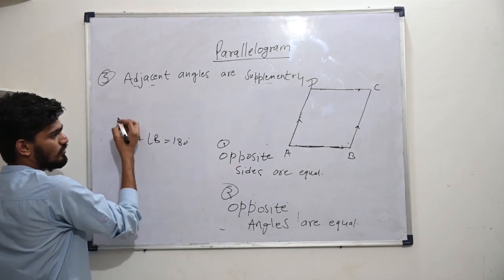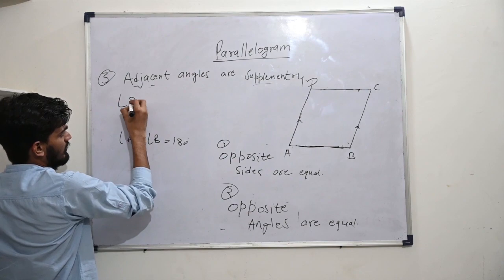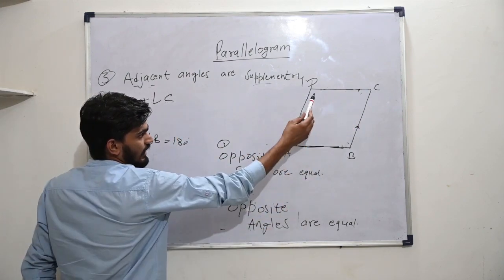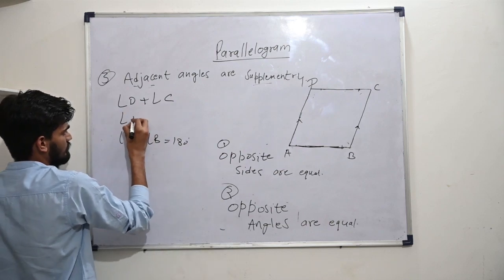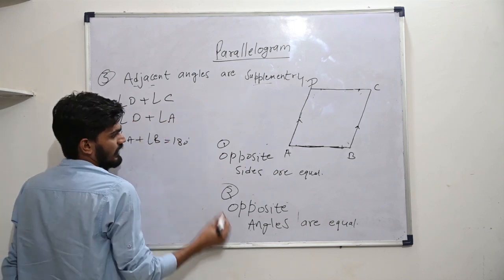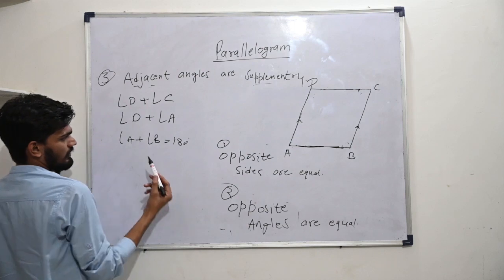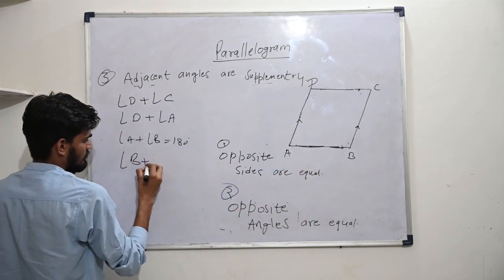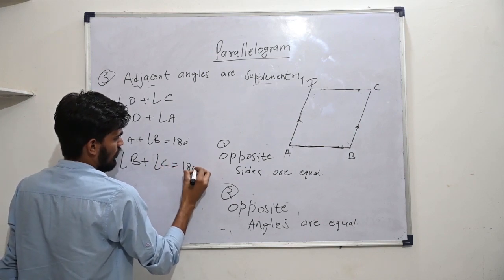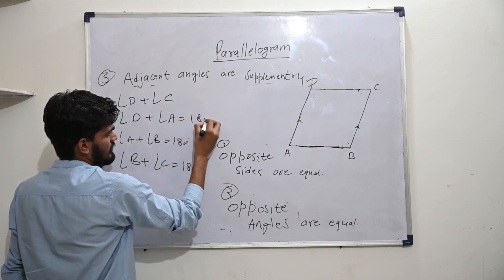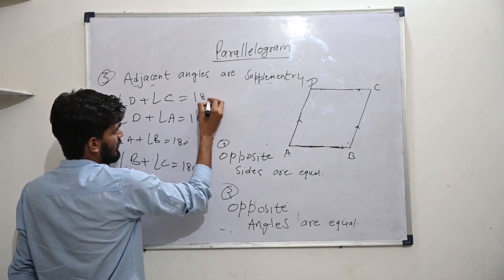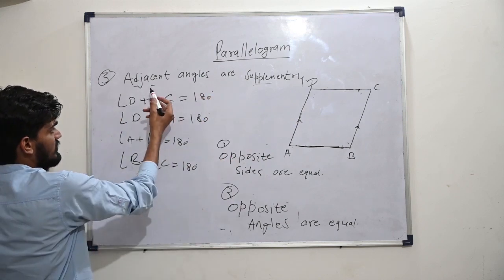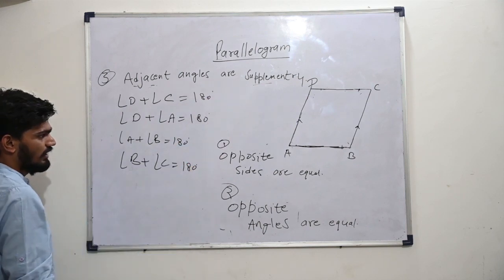A plus B is equal to 180, angle D plus C, then angle D plus A. We have already taken angle A and B here, and angle B and C. So they all will have a sum of 180 degrees. Alright. So that's what the third property of parallelogram is. Adjacent angles are supplementary.